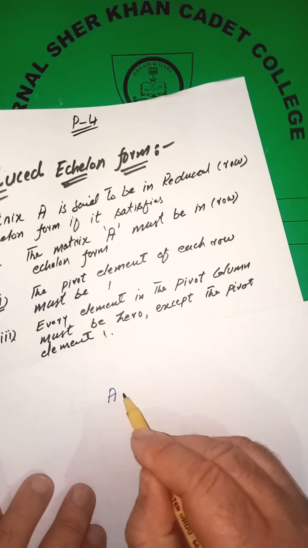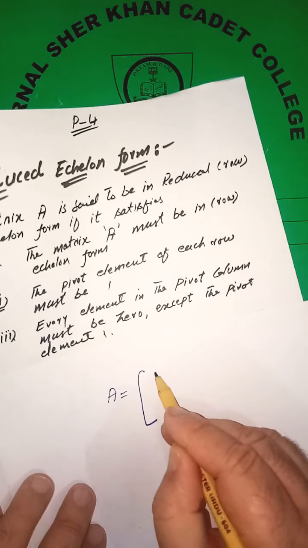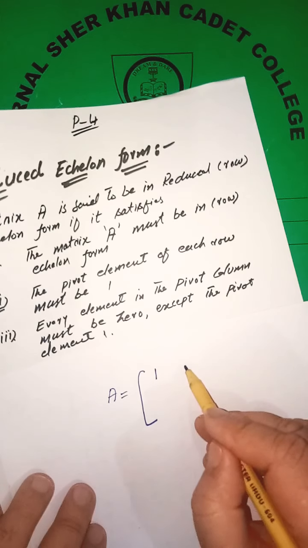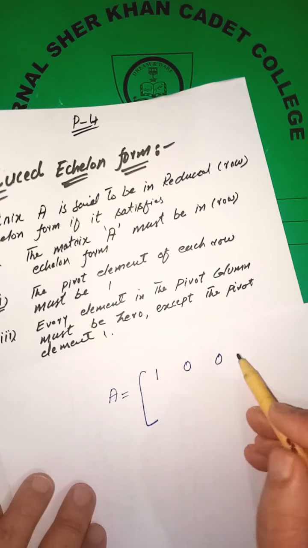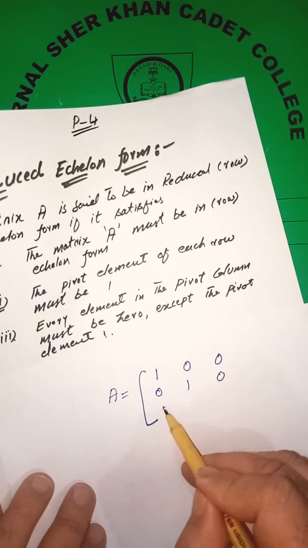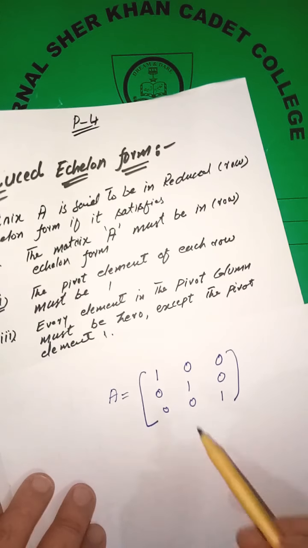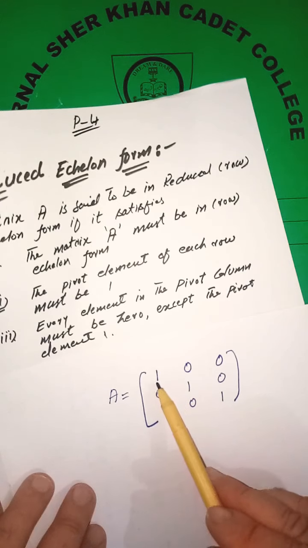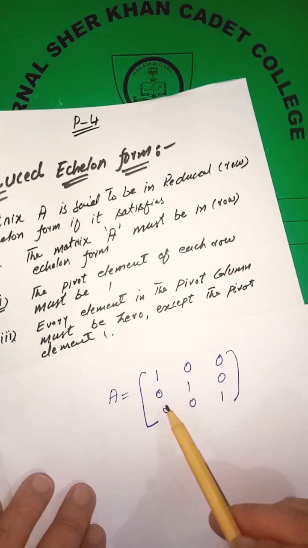Let's suppose we have matrix A, the simple identity matrix, a 3 by 3 matrix: 1 0 0, 0 1 0, 0 0 1. That is echelon form. Why? Because the number of zeros before the first non-zero element increases row by row.